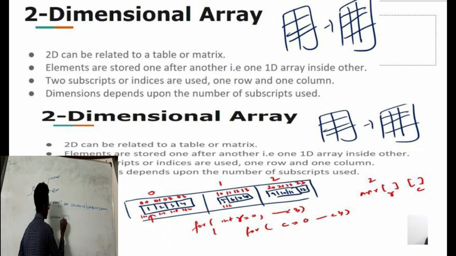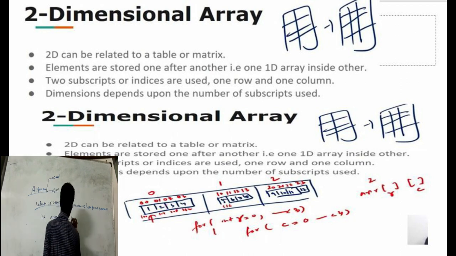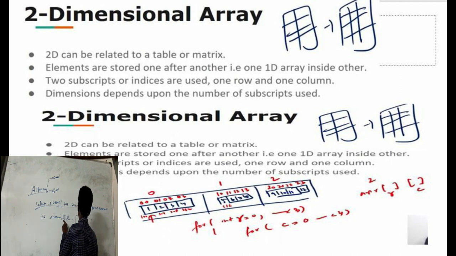For example, 3 by 2, then semicolon, which means 3 rows with 2 columns.